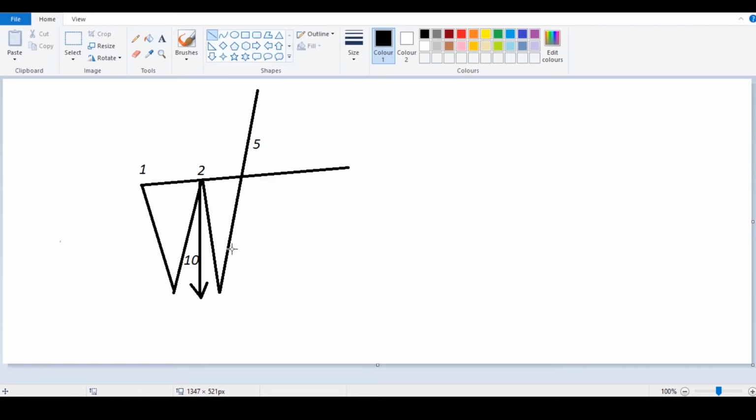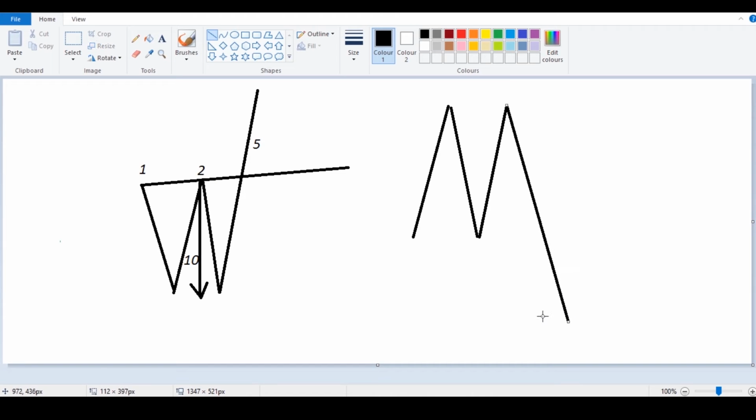So now this is a double bottom. We've also got double tops. So price moves up and down, creates two peaks, and then goes straight down to the bottom. Again, you want to join your first 2 points, and that should create your neckline.